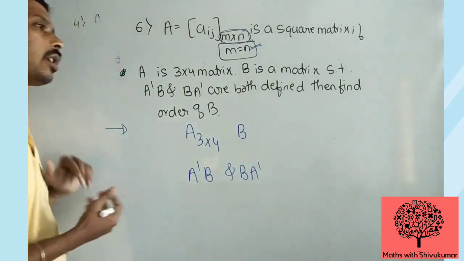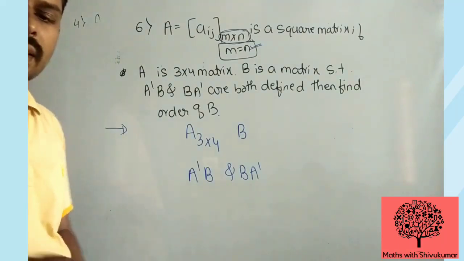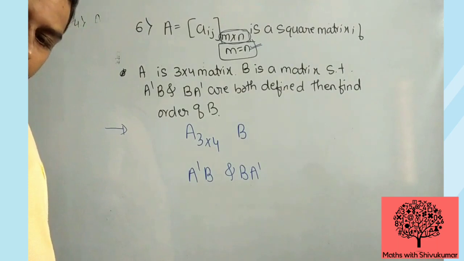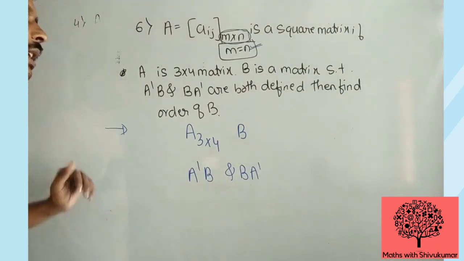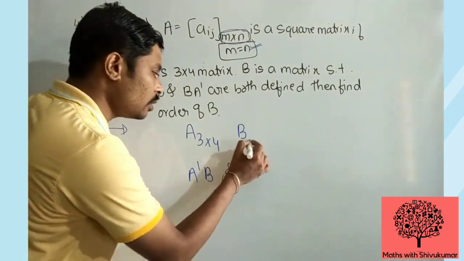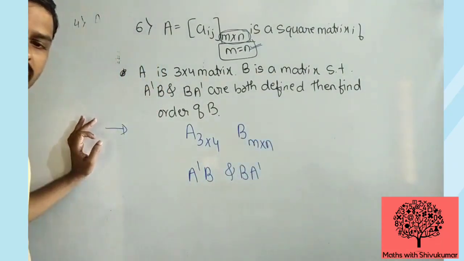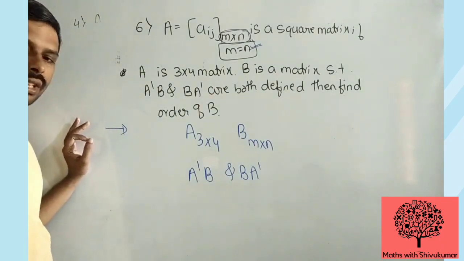Then what is the order of B, they are asking? We don't know the order of B, but we want the order of B. That is our question here. So how to find the order of B? Look here. Let us assume the order of B is m cross n.